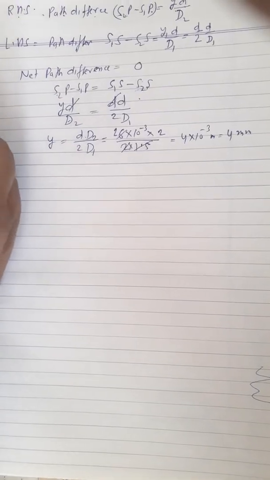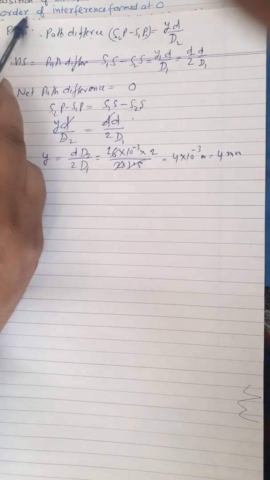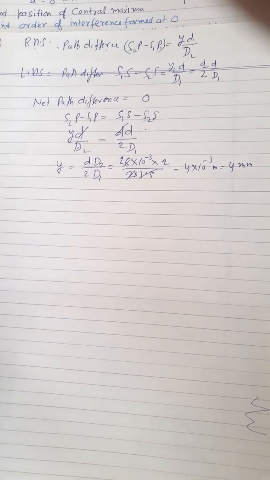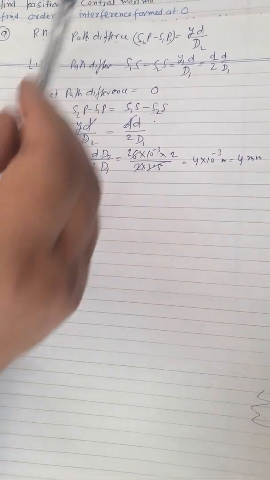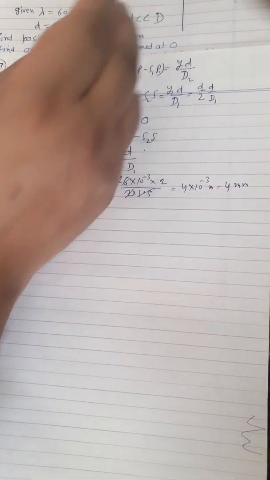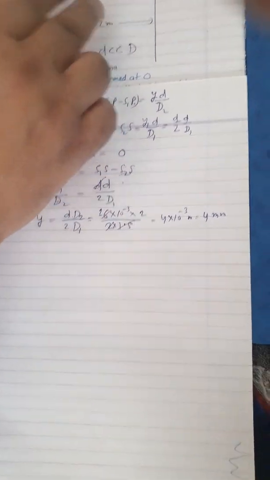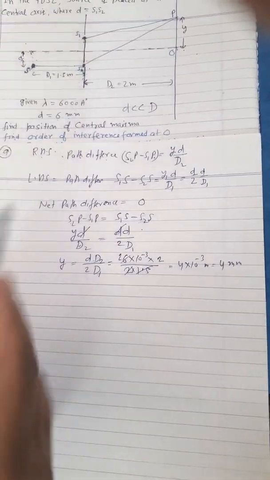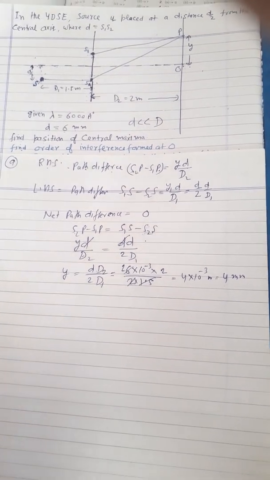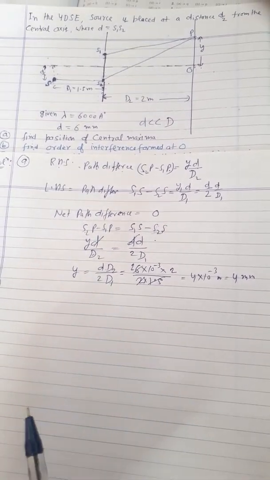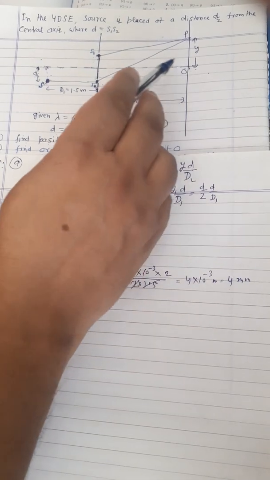Second, they have asked to find the order of interference formed at O. At point O, we have seen the central position is at 4 mm. So they are asking, at point O, what will be the order? First order, second order, what will be the order of interference pattern at O?